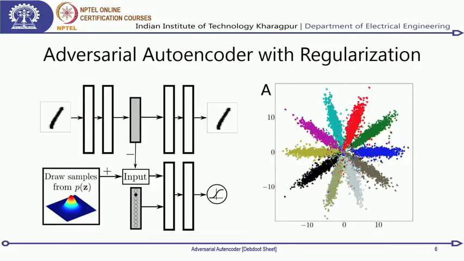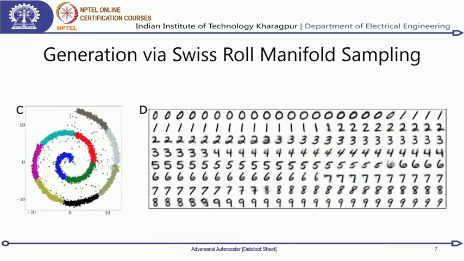Having trained the whole network this way, if I sample these random numbers following a Swiss roll distribution pattern, you see that different classes of numbers come down, and if you unfurl it, you see these different numbers being generated.